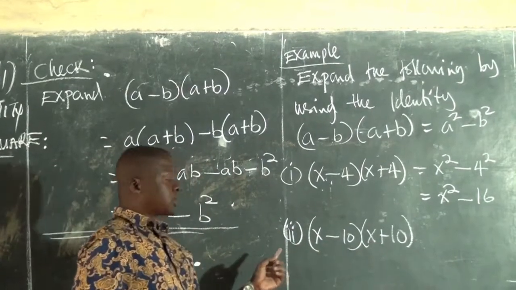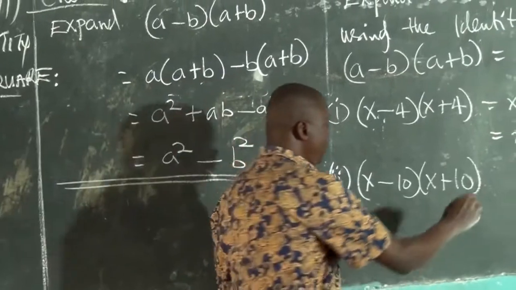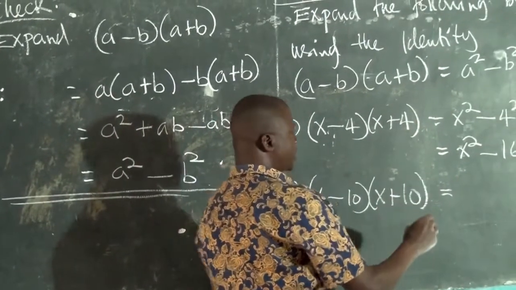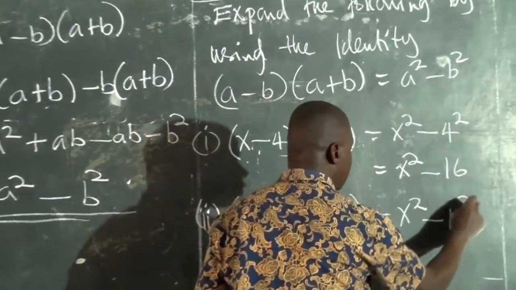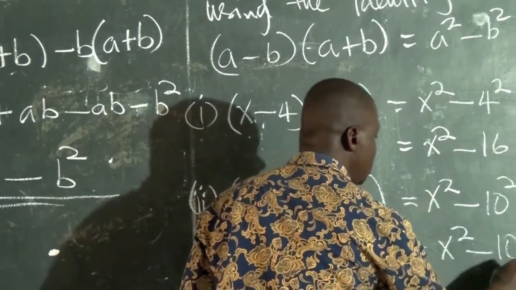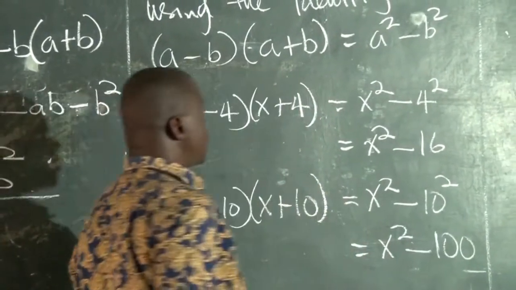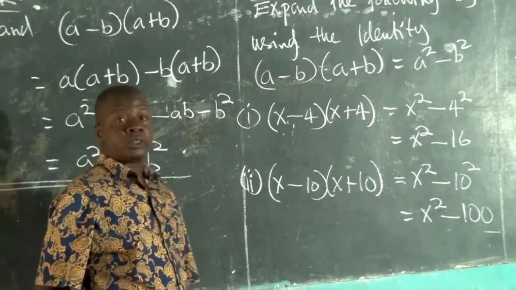Same elements, but different signs. We're going for difference of 2 squares. This is x squared minus 10 squared. This is x squared minus 100. So that is what we call difference of 2 squares.